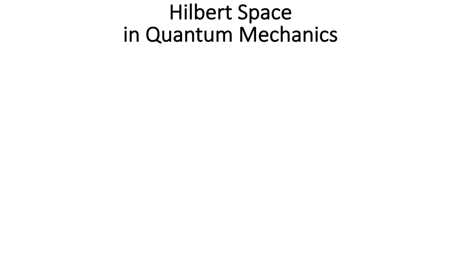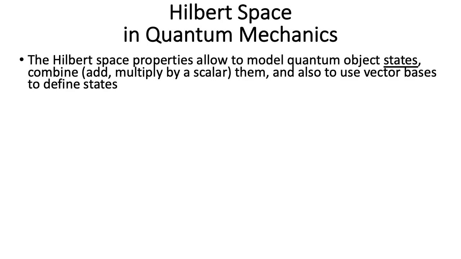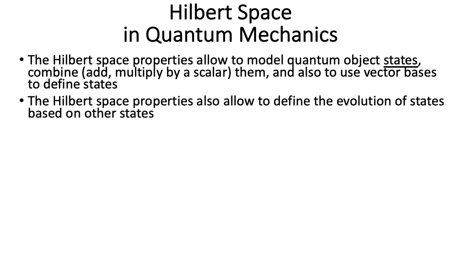Now that we know what a Hilbert space is and why it can be useful to model physical behaviors and characteristics, it's time to see how we can use it in quantum physics. What we're going to see is that Hilbert spaces will allow us to model quantum object states and combine them, and also use vector bases to define states and also to define the evolution of states based on other states.